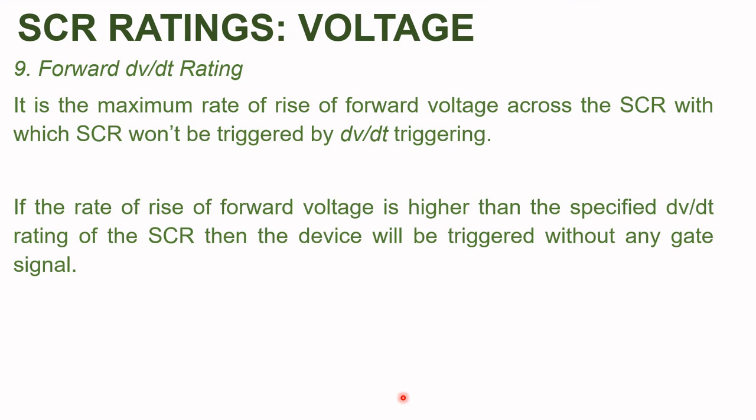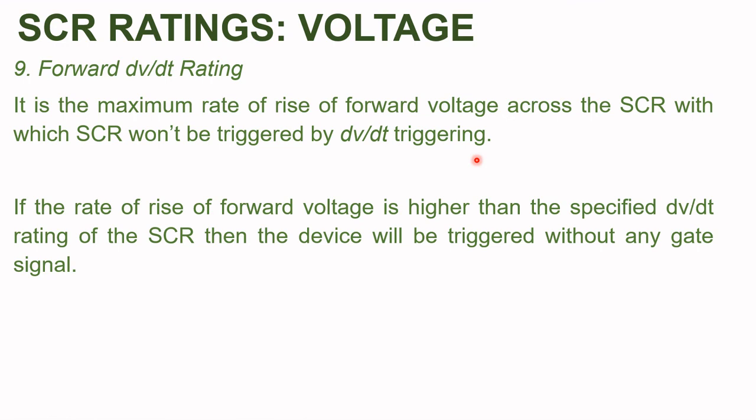In our video for turn-on techniques of SCR, we have already seen the method of turning on SCR by means of dV by dt triggering. We have also discussed that we are not going to use dV by dt triggering ever for triggering the SCR.